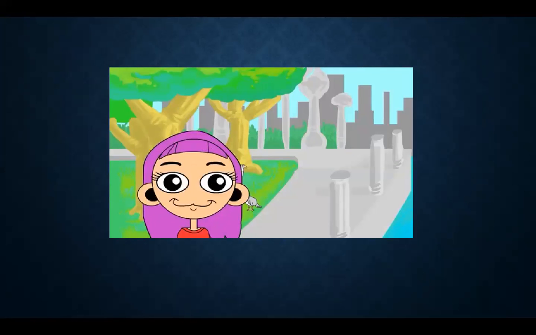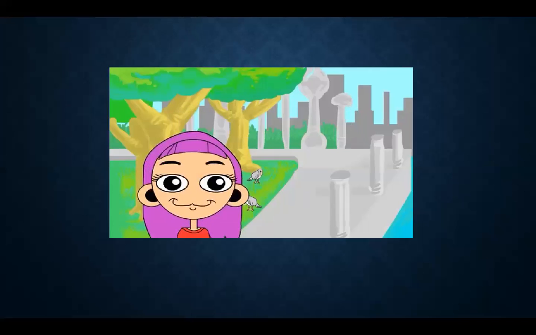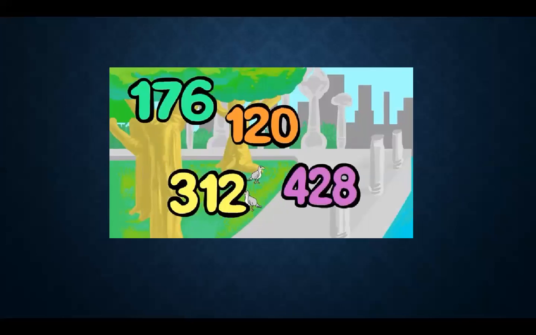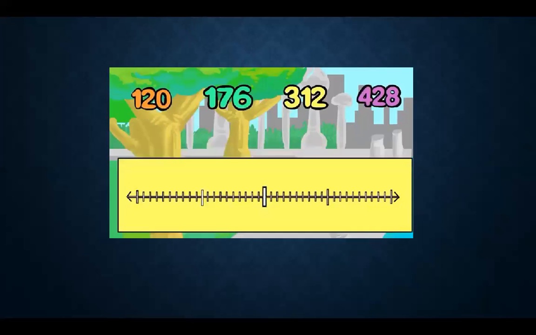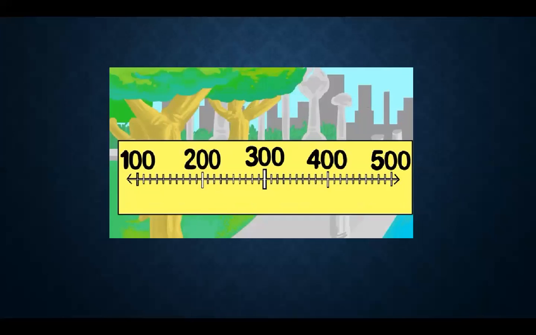Rounding numbers help you solve everyday problems where you don't need an exact answer. That's called an estimate. Rounding might look hard, but hey, guess what? If you know how to put numbers in order and can skip count by hundreds, you can learn to round any number to the nearest hundred with ease.